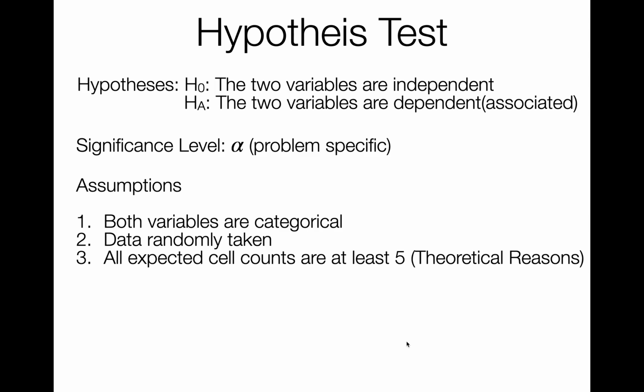And then the one that you're really going to need to check is this: all expected cell counts are at least 5. So you may ask, why do you have to have all expected cell counts at least 5? It's for theoretical reasons.